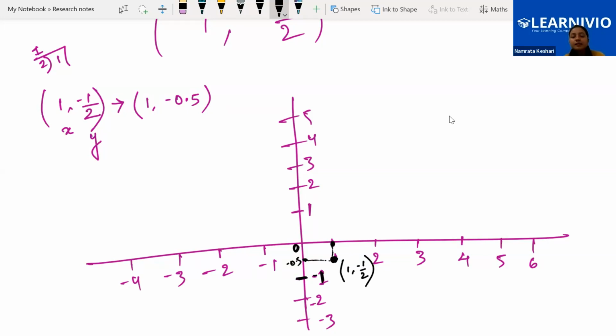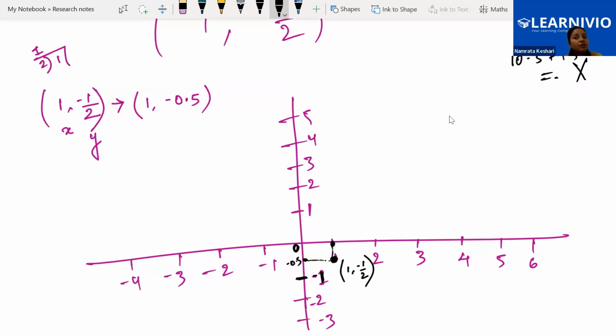Are you getting it? So even if a fractional number is given, it's okay. We will convert it to decimal and locate it. The point will always be like 3.5, 4.5, 1.5, 2.5. It will never be a decimal like 10.3793.